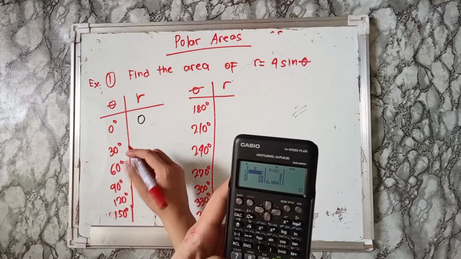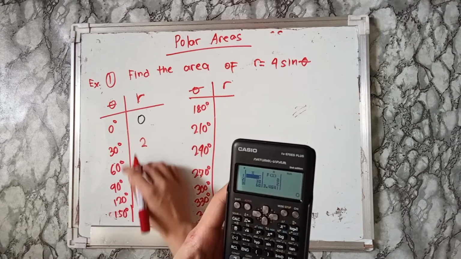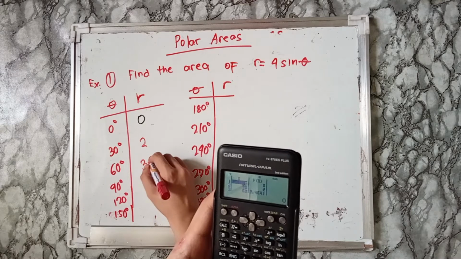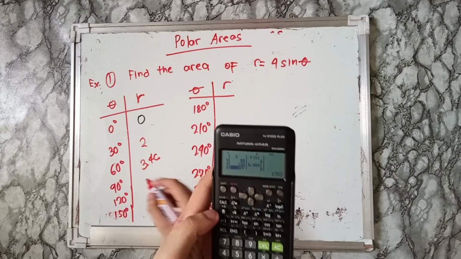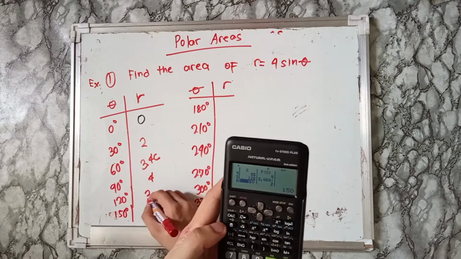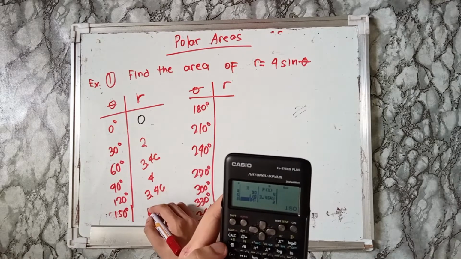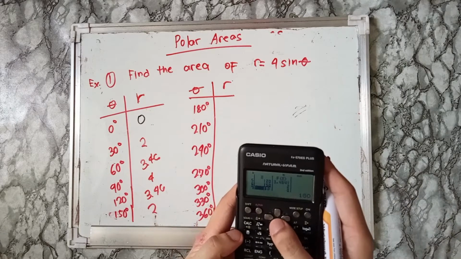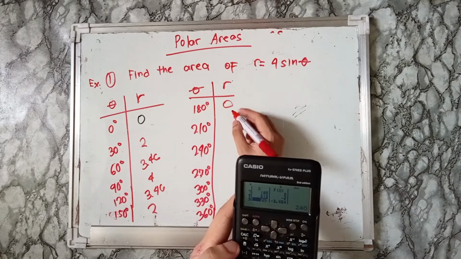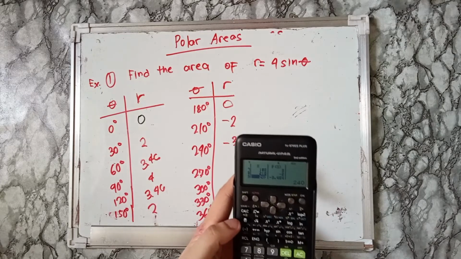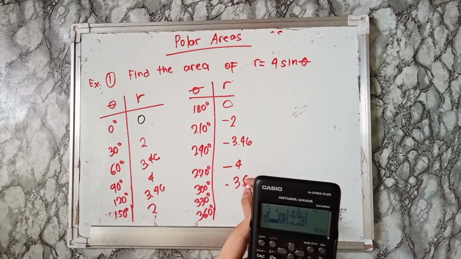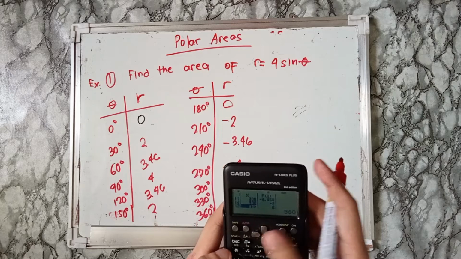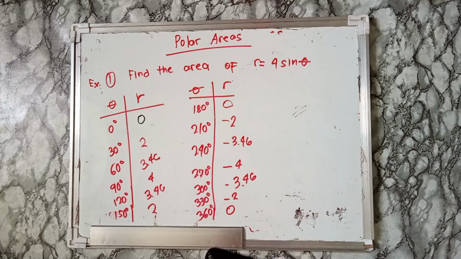If 30, this is 2; 60, we have 3.46; 90 is 4; 120 is 3.46, and then 150 is 2, and 180 is 0, then negative 2, negative 3.46, then negative 4, negative 3.46, 330 is negative 2, and 0. Now we can plot the area.